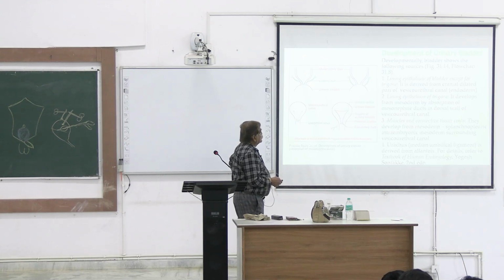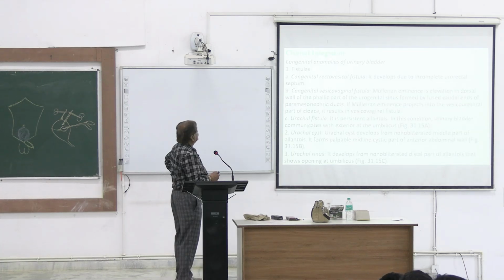Muscles and connective tissue coats develop from splanchnopleuric intraembryonic mesoderm surrounding the vesico-urethral canal. Urachus, the median umbilical ligament, is derived from allantois. For details, refer to the book.